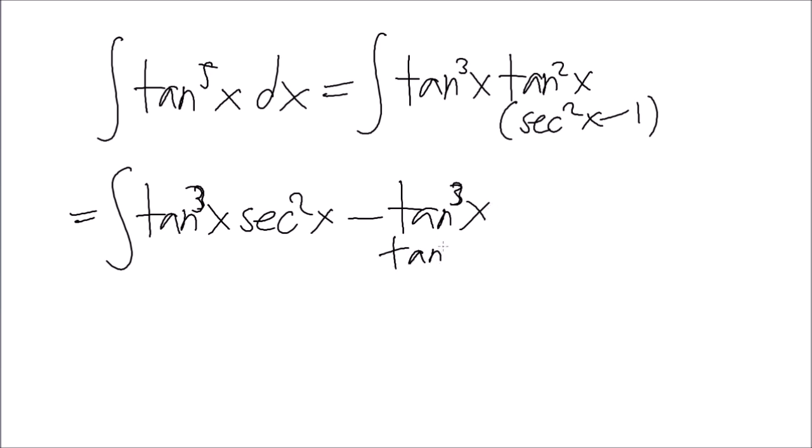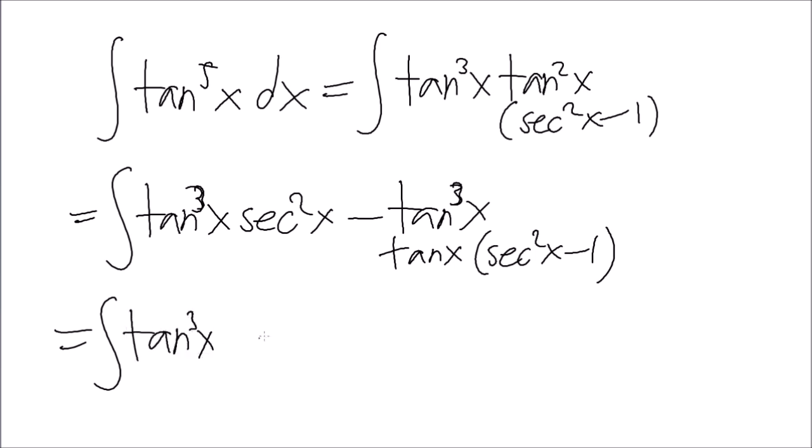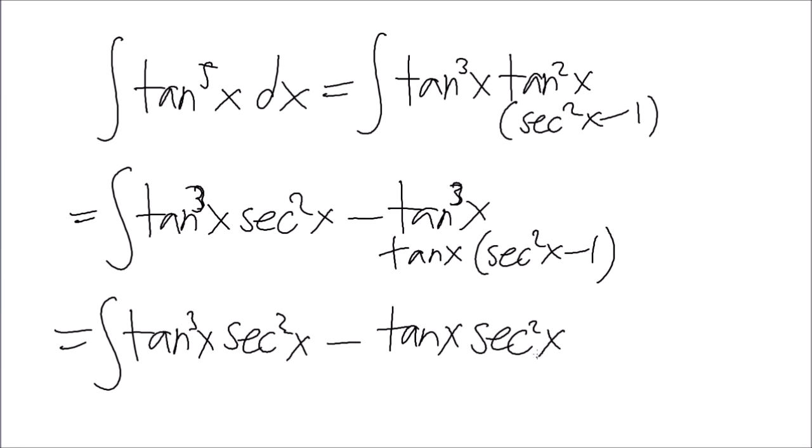So tangent x with tangent square, we turn that to secant square minus 1. Okay, so we have tangent cube of x secant square minus tangent x secant square minus, oh, careful, minus, that makes it plus tangent x.